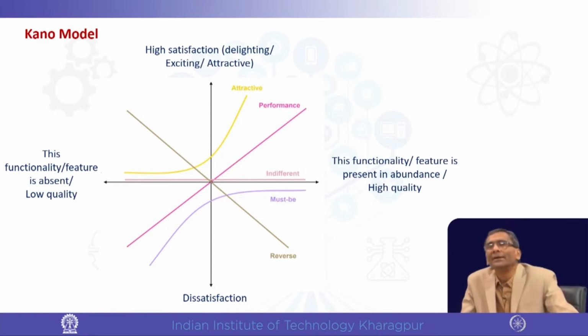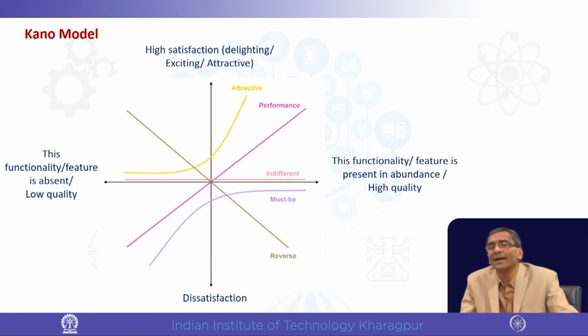Now, if we try to visualize this concept, it would look something like this. There are two axes. On the y axis, at the bottom is dissatisfaction, and on top is high satisfaction, or delighting, or exciting, or attractive.